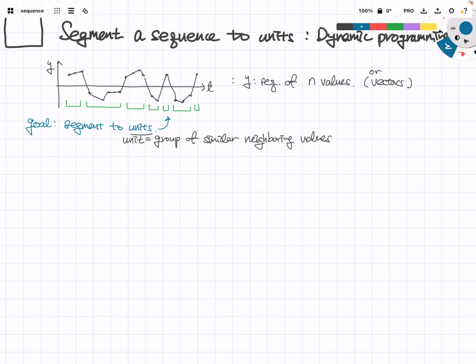So first, the first step: define cost functions of all possible units.